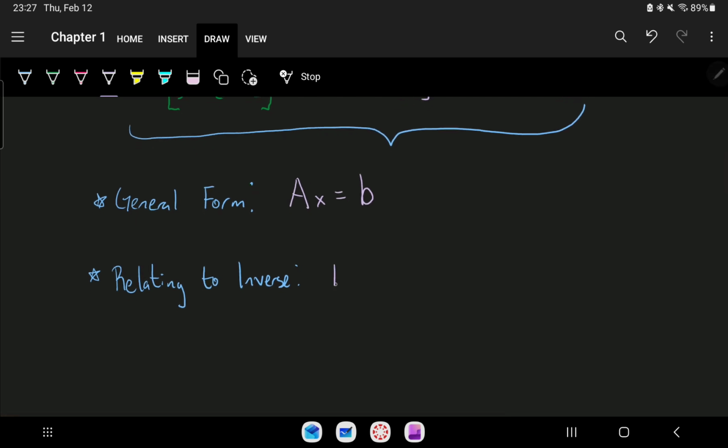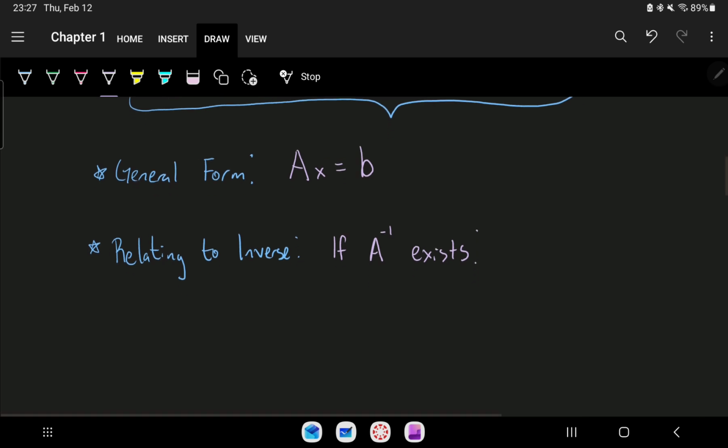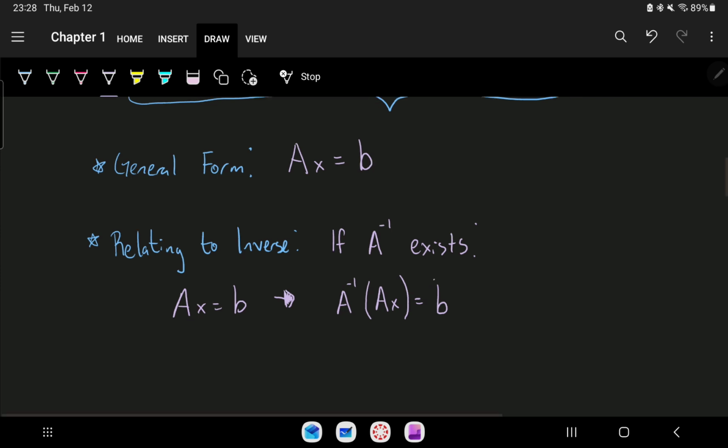So if A inverse exists, well, we already said that AX equals B. Simple algebra says that if we do the same thing to both sides of this equation, it's not going to change the equation. So I'm going to multiply both sides by A inverse. For consistency, I will put the parentheses around the B.